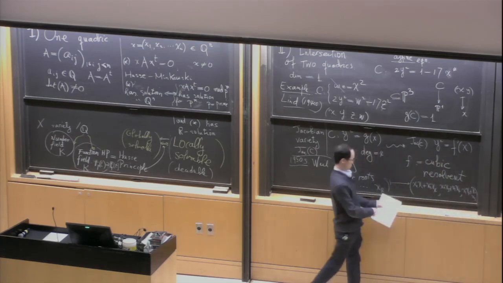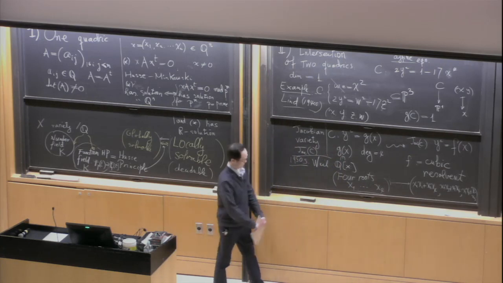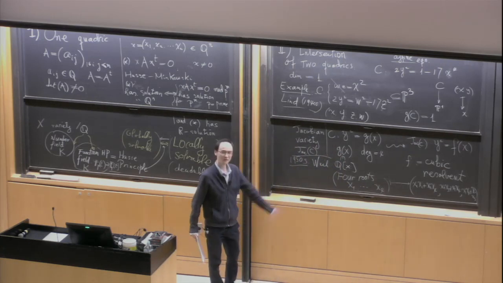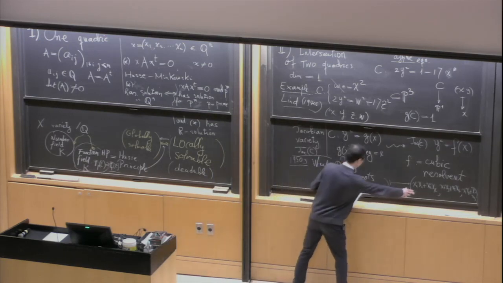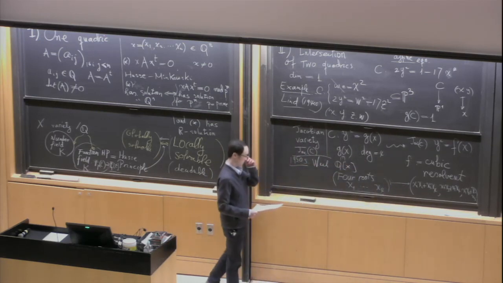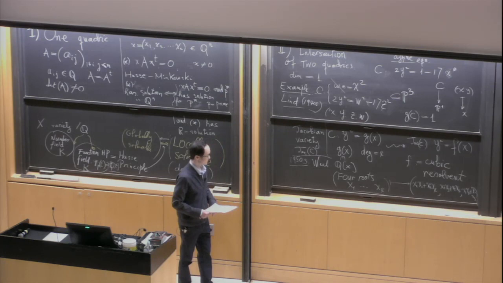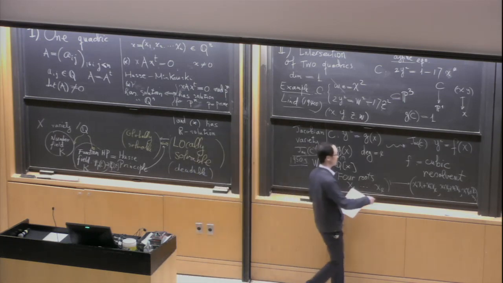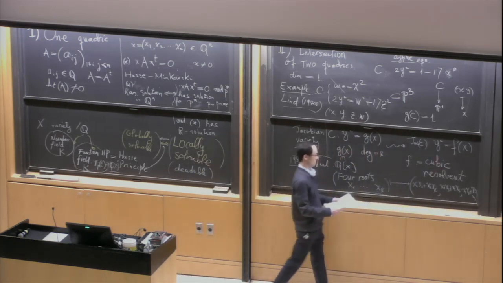So if you construct this cubic polynomial, with 3 roots given by those pairs, that precisely gives you the equation for the Jacobian variety.